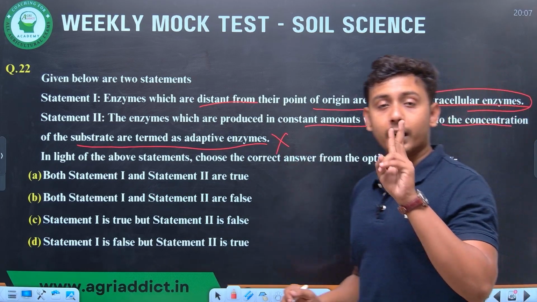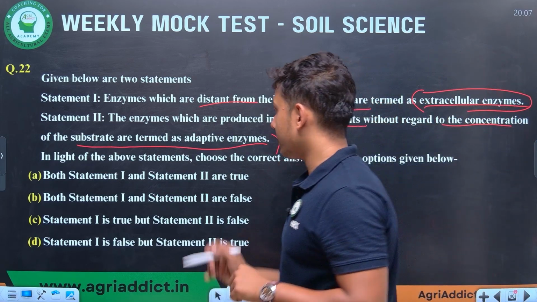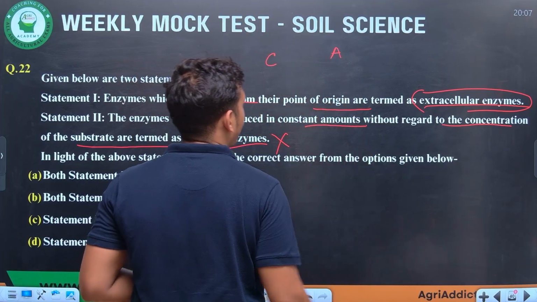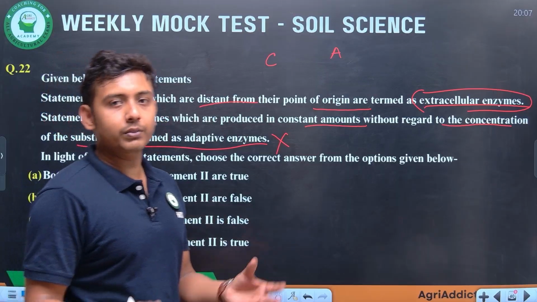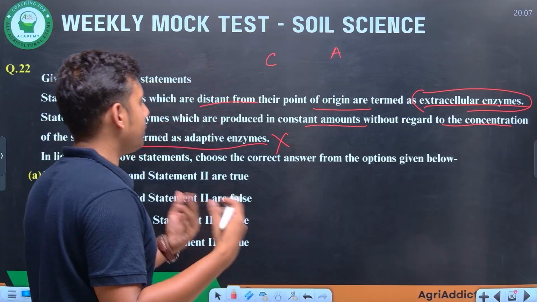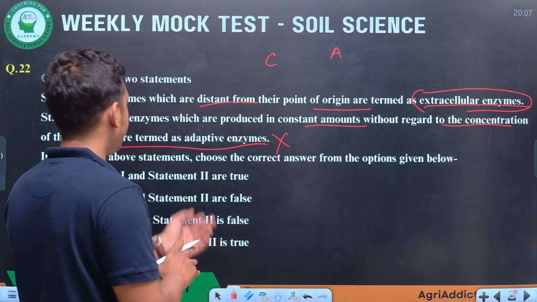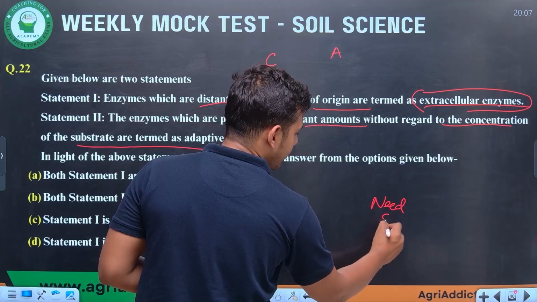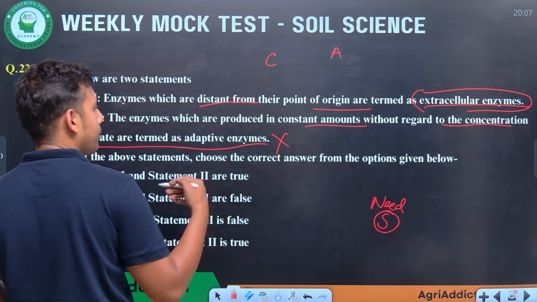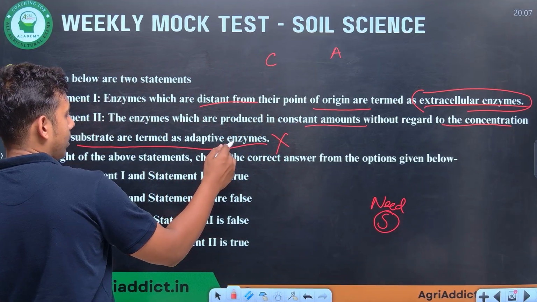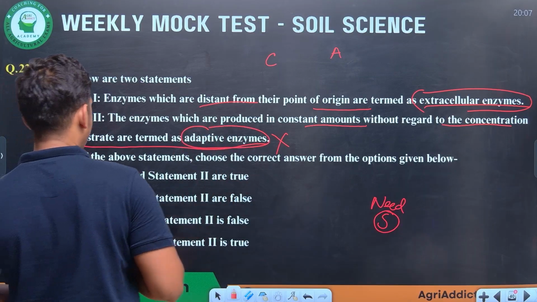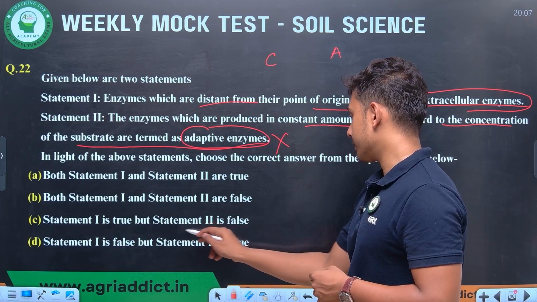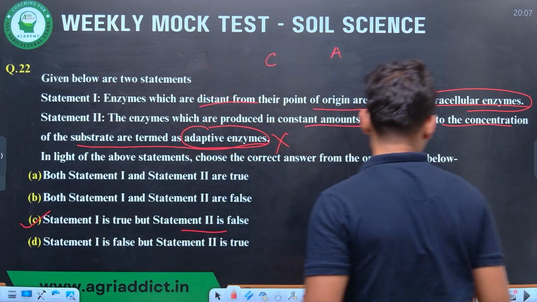There are two types of categorization: constitutive and adaptive. Constitutive means that whether or not there is any substrate, the enzyme will be produced. The adaptive enzyme is produced only if there is a need, if a substrate is there. So here it will be constitutive, not adaptive. So 1 is true and 2 is false. This will be the answer.